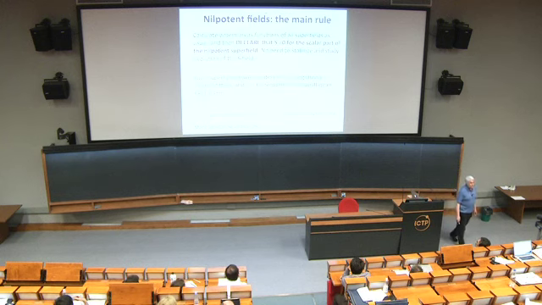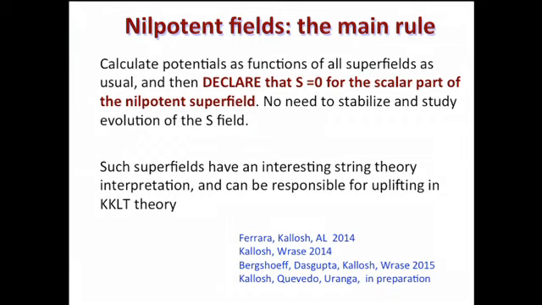Now, the general rule of how to work with this nilpotent field, which Renato described, is that you do all of your calculations as you did previously. So you have Kähler potential, you have superpotential, you do all your math, and only in the end of calculations, if everything is consistent, you just put here S equal to 0.